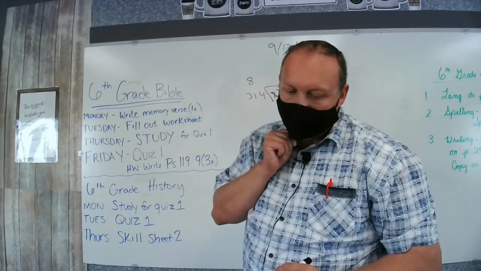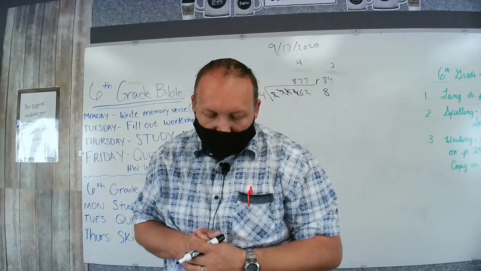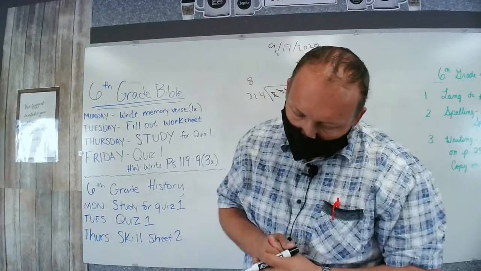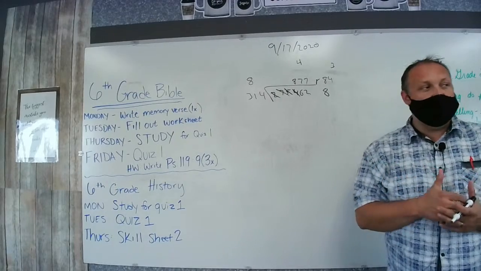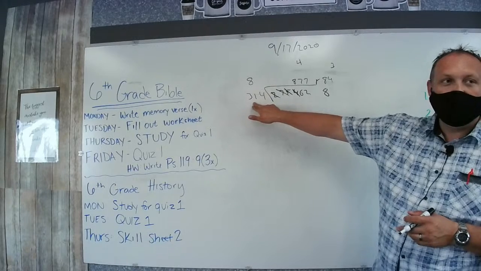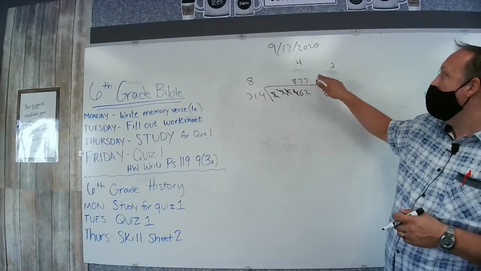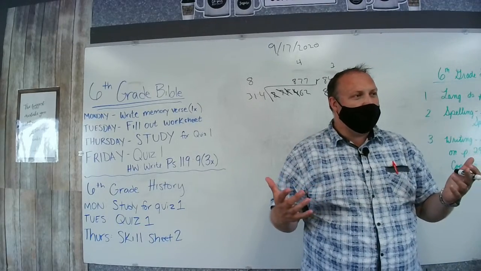Now, when we normally check division, right? We take this number, multiply by this number, and we add our remainder. That's exactly what we're going to do right here.